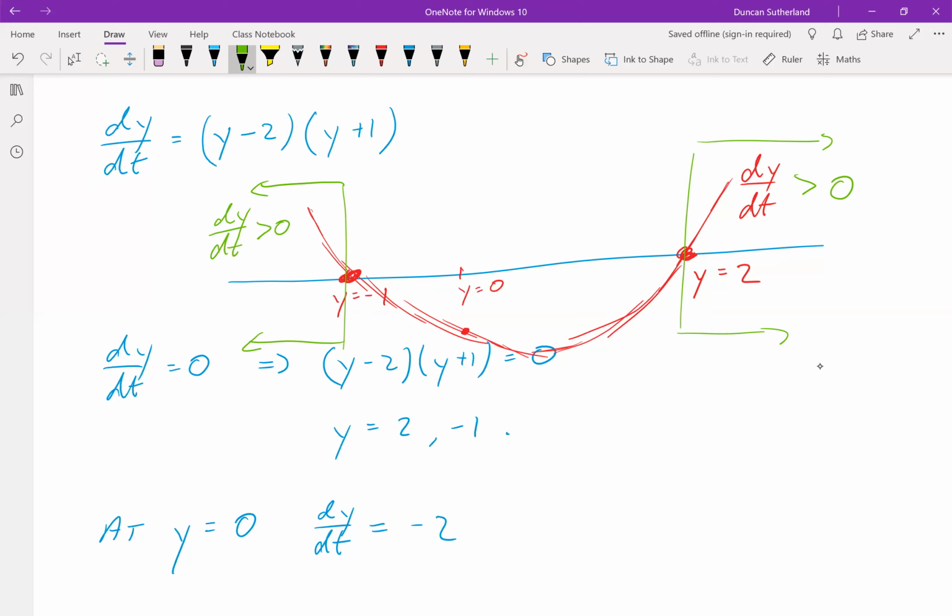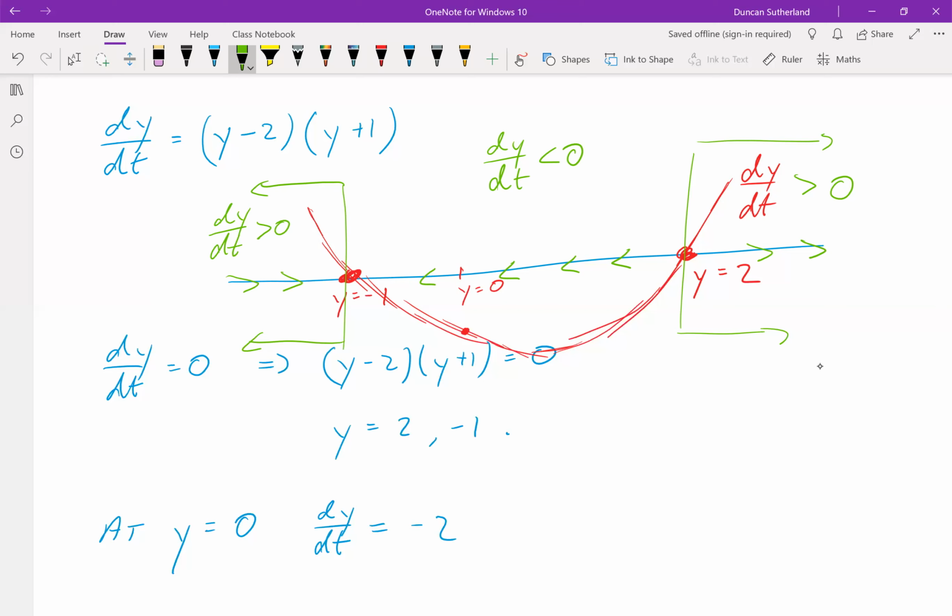However, in between the 2 points, y equals -1 and y equals 2, dy/dt is negative. If it's negative, that means the arrows that we draw, our trajectories, move from the right to the left. That is, they converge to y equals -1. Out here, they move from left to right, and out here, they move from left to right.